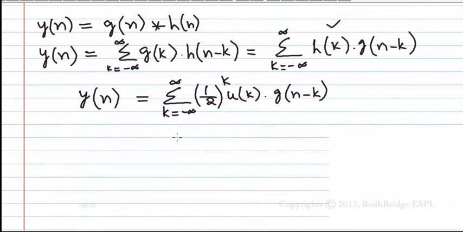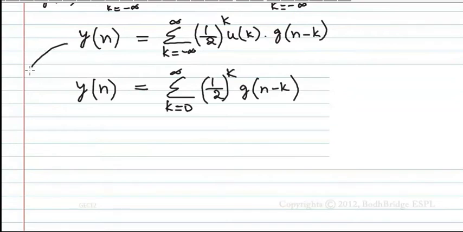Now see, for k value from minus infinity to minus 1, u of k is 0. Therefore, this can be simplified as k equal to 0 to infinity. I will explain why again.